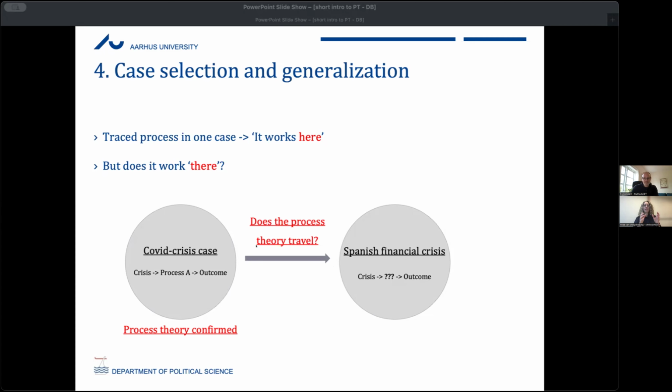Process tracing is a within-case method. It wants to study what happens in that case. Now, they're adjacent. They're both case-based. We are definitely making the argument that they're complementary, but they're only complementary if you make sure that the ontological and epistemological assumptions that go into your process tracing align with the basic logic of QCA.